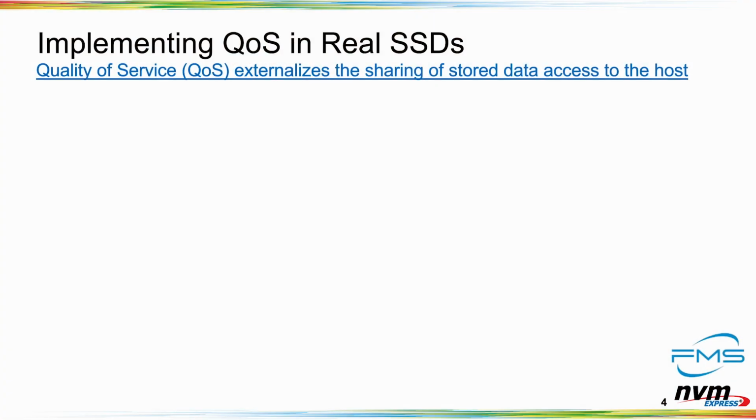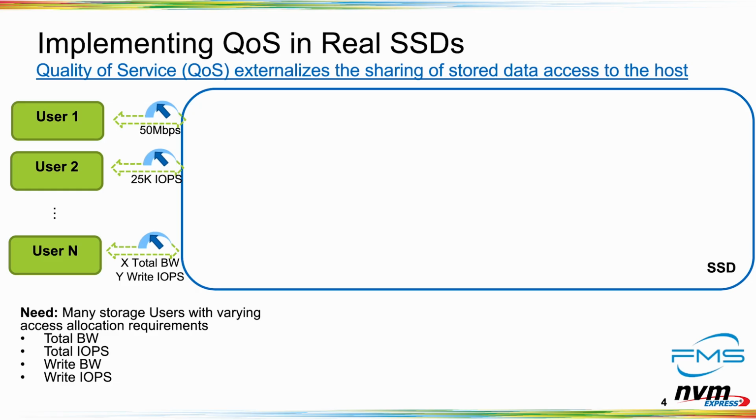So implementing QoS in real SSDs is really what I would say for quality of service. It's externalizing a sharing of stored data access, and it's really focused on that data access and managing the performance, right? So the performance aspects of reaching that stored data inside of an SSD. We might have, for example, several users here, and there might be several expectations on a maximum performance that might be allowed.